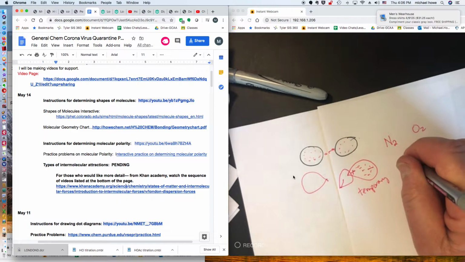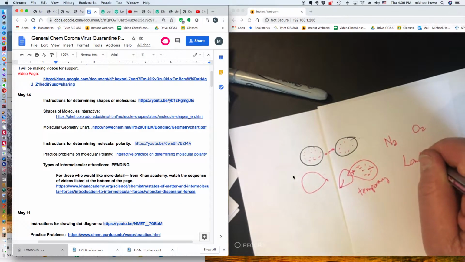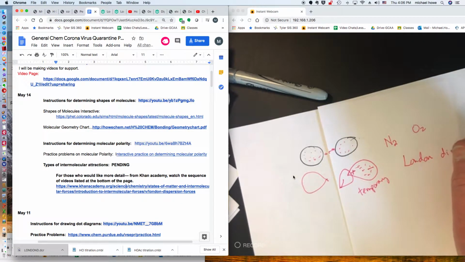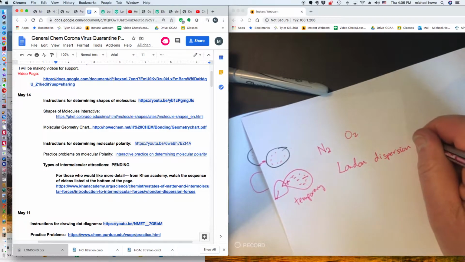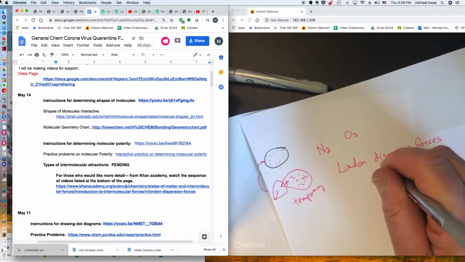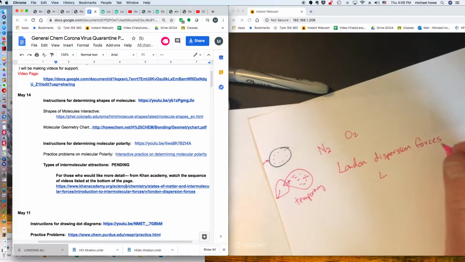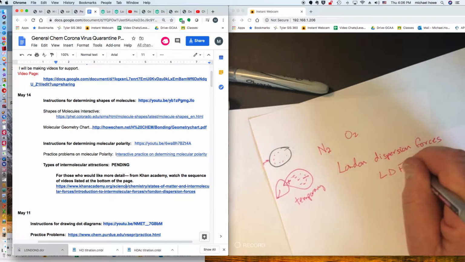We call those London dispersion forces. You'll commonly see them abbreviated as LDFs. So LDF means London dispersion forces.